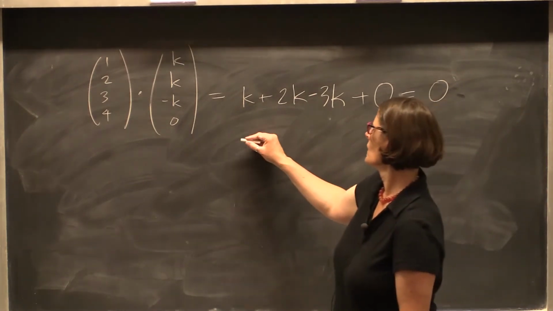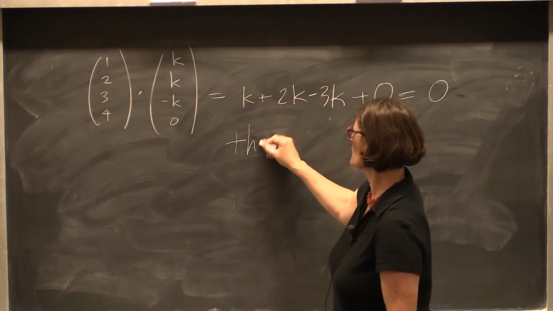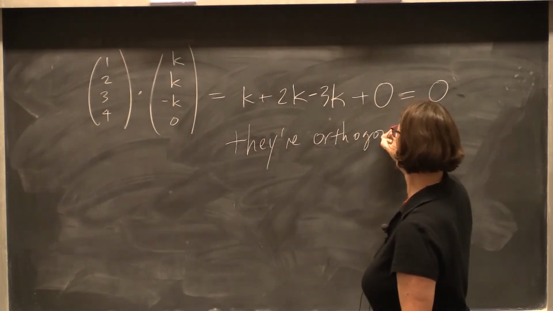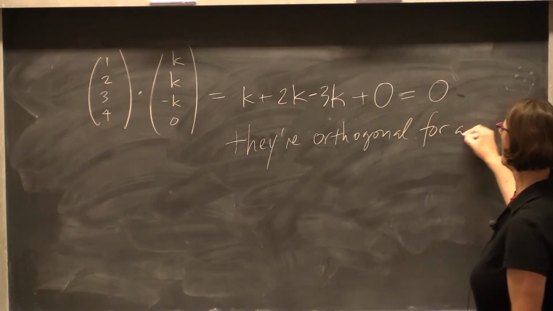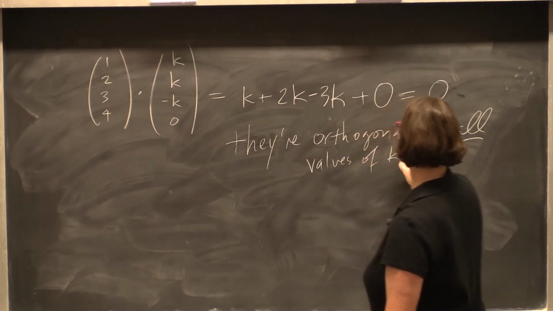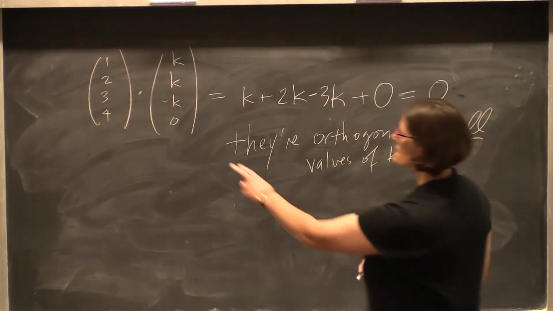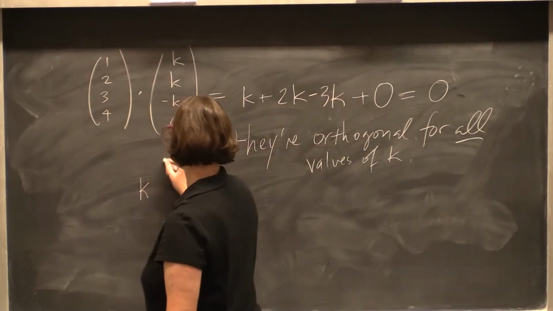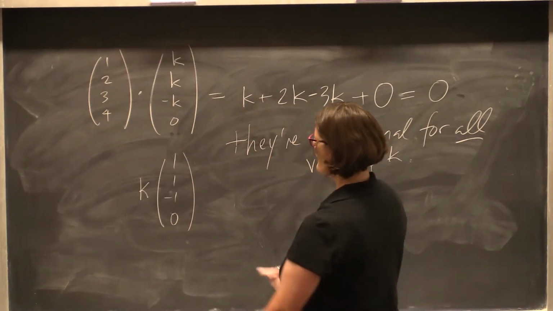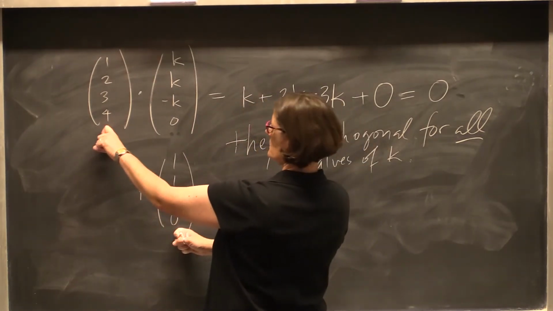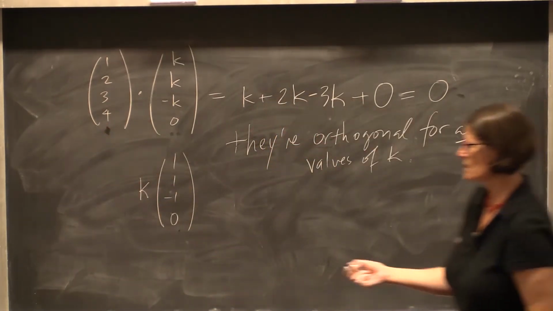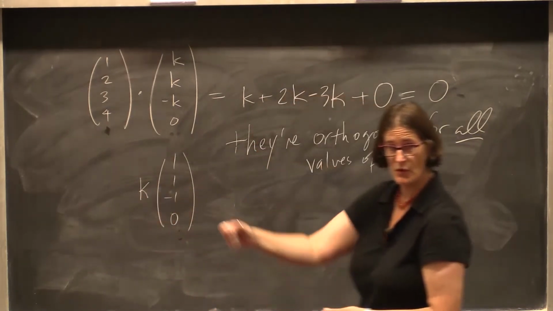So they're orthogonal for all values of k. And that's basically because this thing is a scalar multiple of 1, 1, minus 1, 0. And these two vectors are orthogonal. So it really doesn't matter what the scalar multiple is. If these two vectors are orthogonal, then any scalar multiple will be orthogonal.